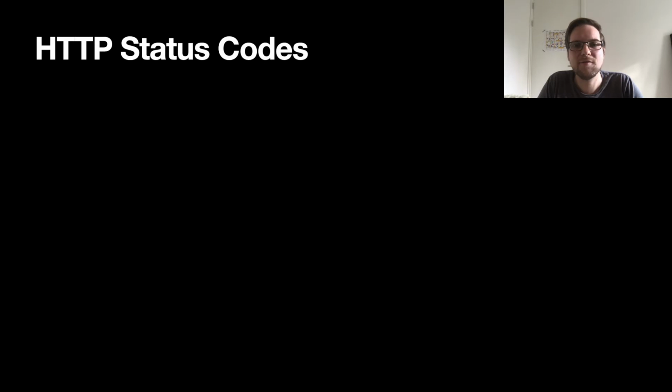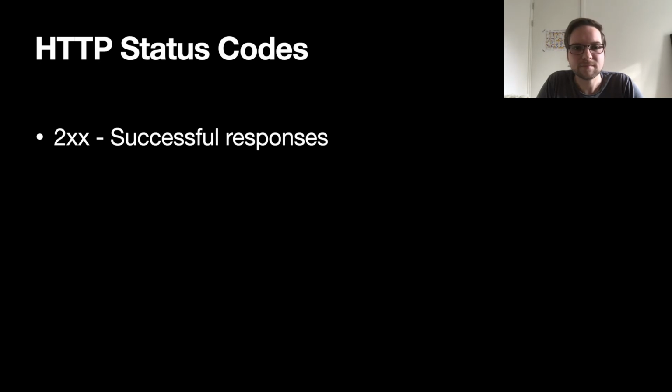Let's check some of the status codes. In HTTP, there are a few groups of status codes that the server may return to us, and it's important for us to understand the difference and how to read them. The first group is the 200s, and those we already saw, HTTP 200 OK. 200 means successful. It means that the request was valid and processed successfully, and this response probably contains the correct answer to the request.